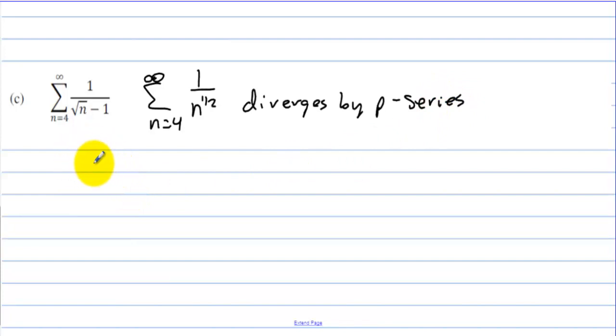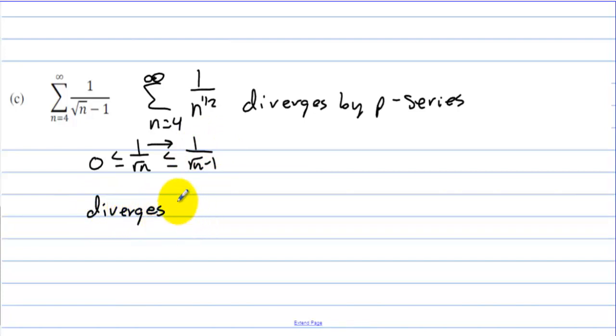And we can say that 0 is less than or equal to 1 over the square root of n, which is less than or equal to 1 over the square root of n minus 1. This denominator will be larger than this one, which makes this a smaller value. Now, if this one is diverging, it forces our original to diverge. So diverges by direct comparison test.